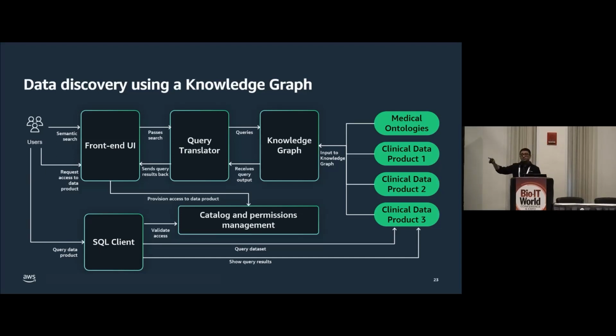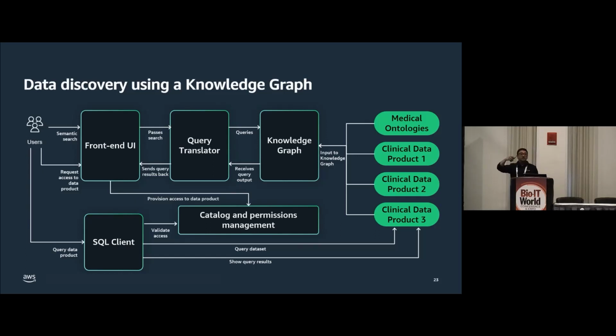Now, the front-end portal is just going to take that query and pass it to a query translator. It's just a Lambda function or a simple piece of code that would take that semantic search and convert it into either a SPARQL or a Gremlin query, which would then be used to query your knowledge graph. And what you're going to get is a list of data products that matches the query you have put in, which would be provided back to the user.